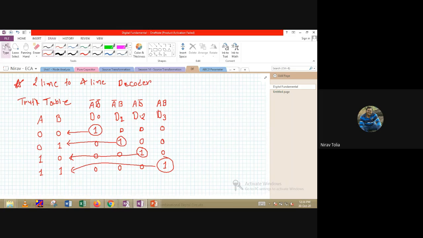So this is the truth table of the decoder, the 2-line to 4-line decoder, and let me draw the block diagram. It has 2 inputs, A and B, and 4 outputs, D0, D1, D2 and D3.